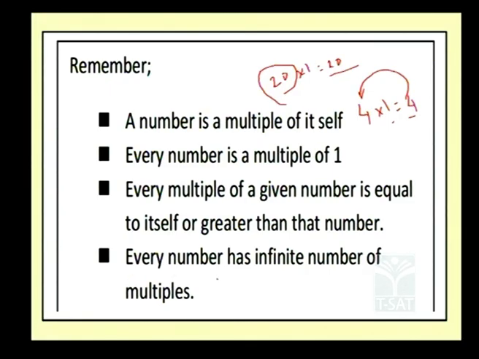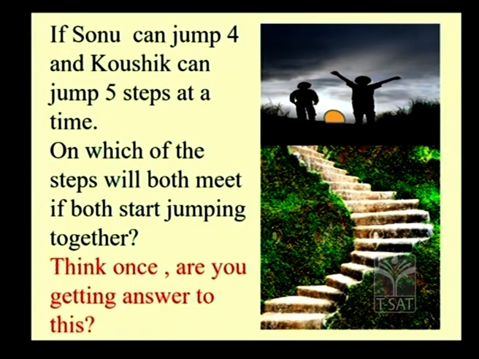Every number has infinite multiples. We can write 4 into 1 is equal to 4, and 4 into 2 is equal to 8, and 4 into 3 is equal to 12, and 4 into 4 is equal to 16. Like that, we can write infinite multiples for 4, or we can write infinite multiples for every number.